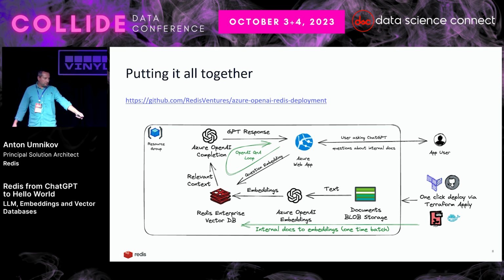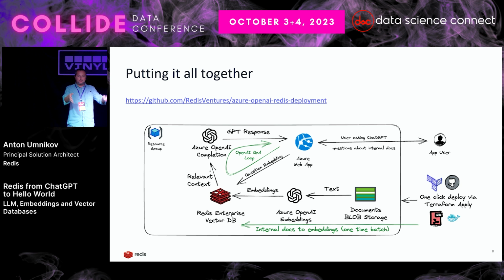You take all your documents, you put them in blob storage, you split them into chunks, load them into a vector database in the form of embeddings, and then your user asks the question, right? You run it through the same embedding engine, you find the most similar chunk of text from your internal body of text, and you feed it into the large language model.